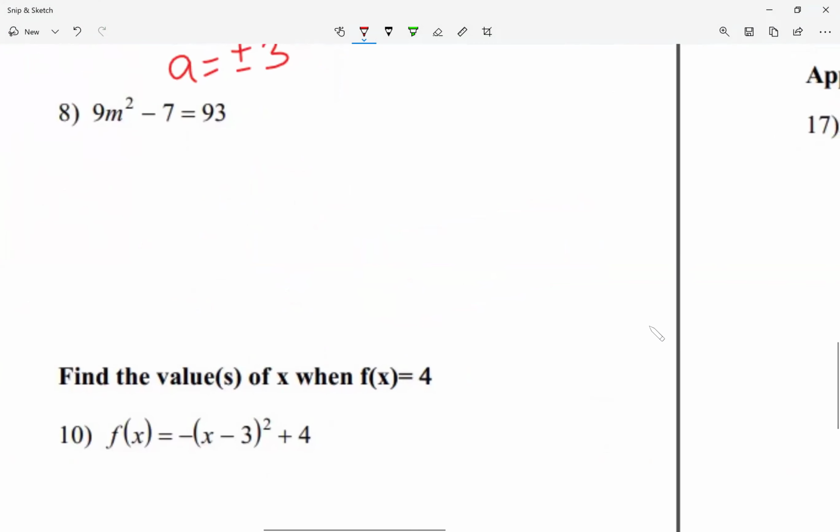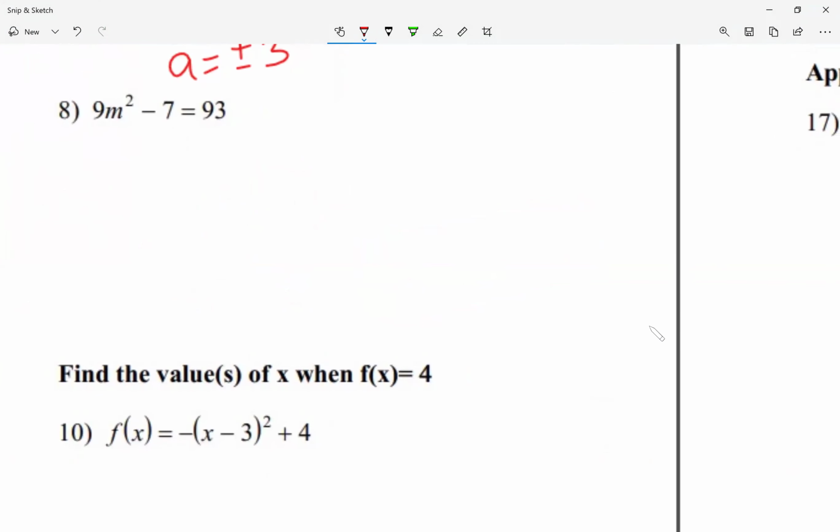Lastly, let's take a look at number 8. Let me separate it through the equal sign. My minus 7, let me move it to the other side as a plus 7. Don't forget to switch the sign. So I get that 9m squared is equal to 100, because 93 plus 7 is 100.